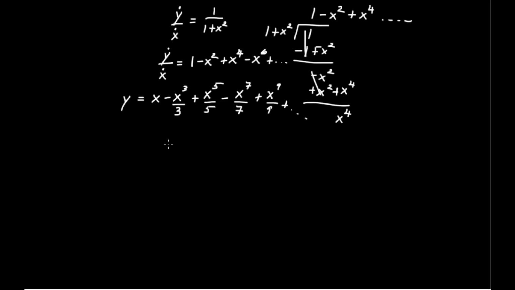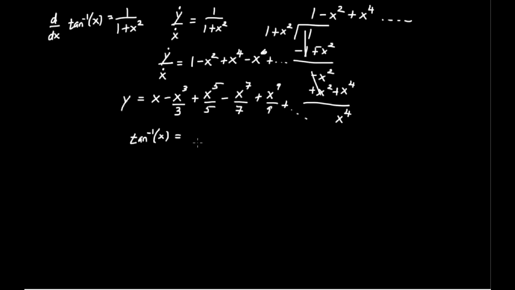And now, if you know some basic derivatives, you'll know that the derivative d/dx of tangent inverse of x is precisely equal to 1 over 1 plus x squared, which means that the thing I've just found is equal to tangent inverse of x.